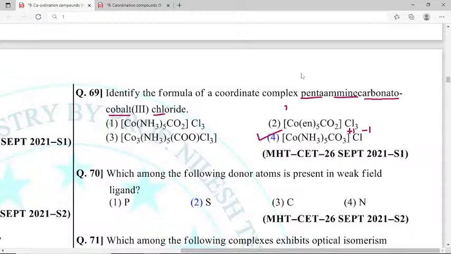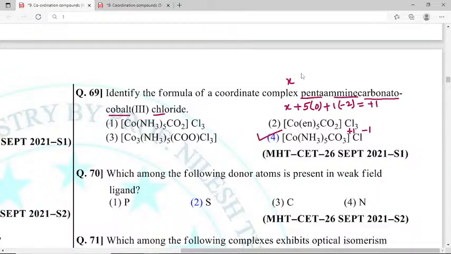So cobalt is X, plus ammonia 5 times, each ammonia is 0, and carbonato CO3 is 2-. One carbonato, having -2, is equal to +1.